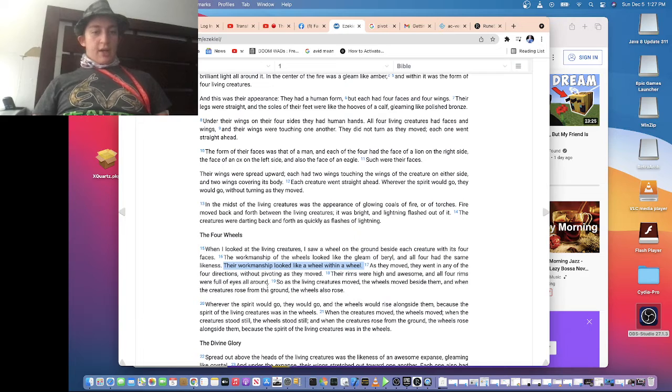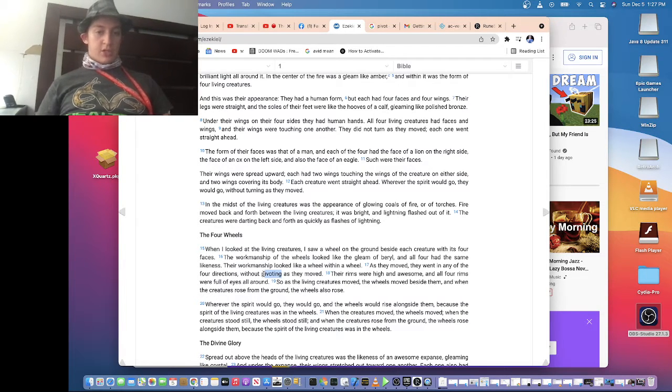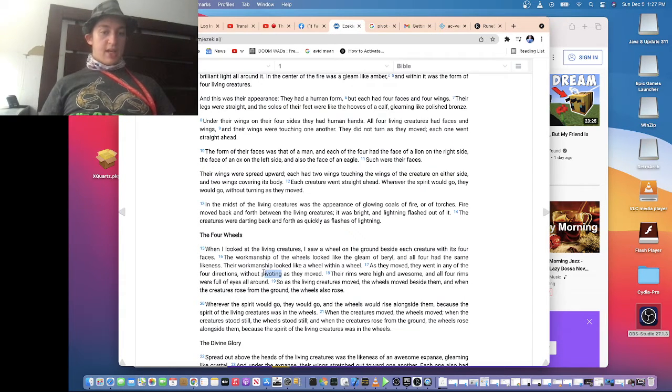This isn't talking about whether they turn. They do turn, but it just doesn't pivot. Pivoting is when it moves in a certain direction. It can't move in every single direction, like it would have said otherwise. But no, this is saying that it doesn't pivot. That's different.